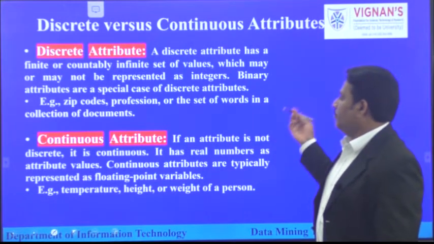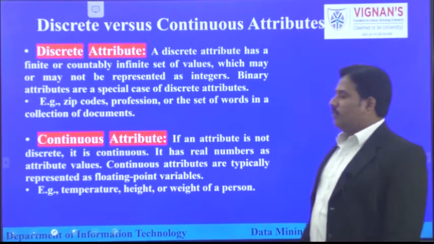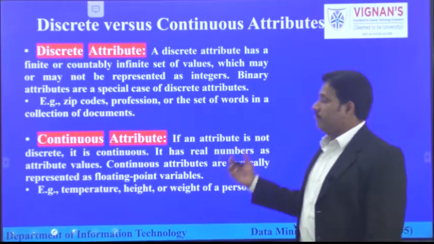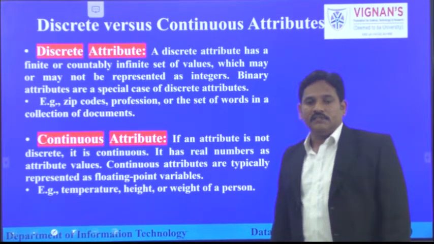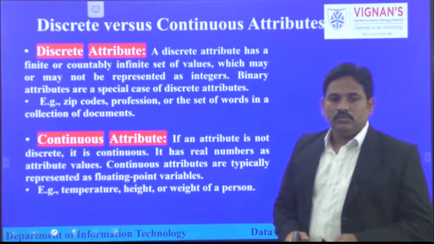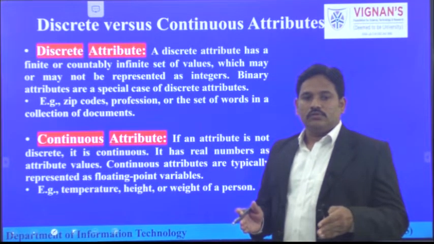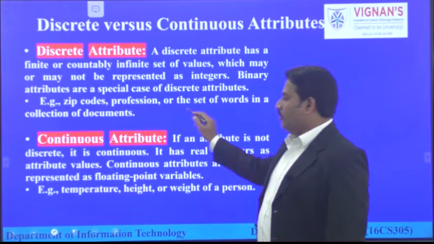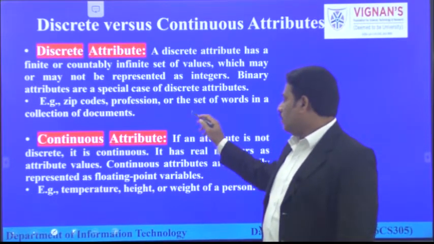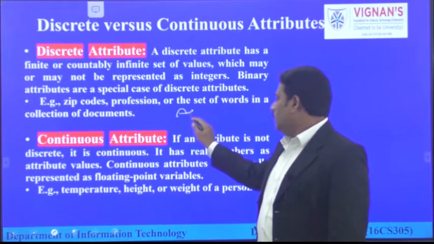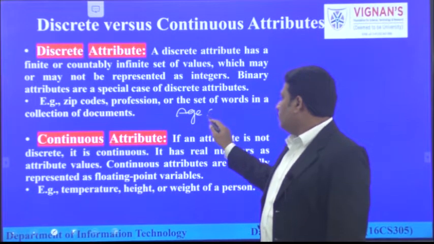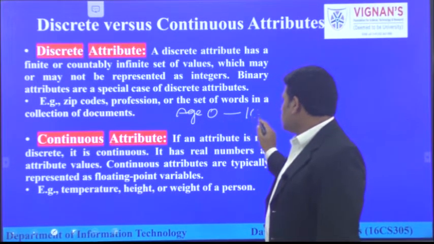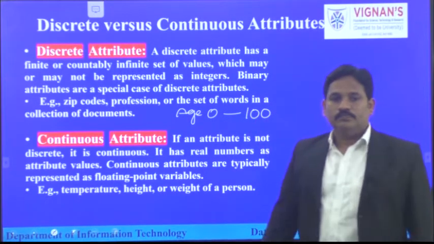A discrete attribute has a finite or countably infinite set of values. That means for a discrete value, there may be a range and the values can be counted. Let us assume when we are entering the age of an employee, generally we can go with 0 to 100.